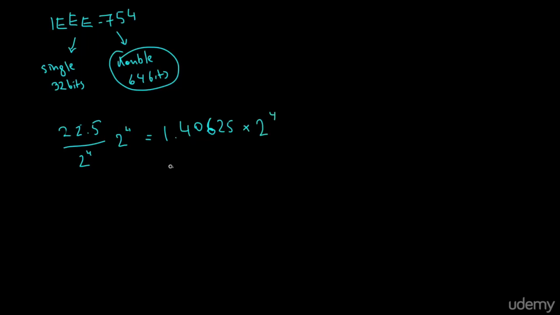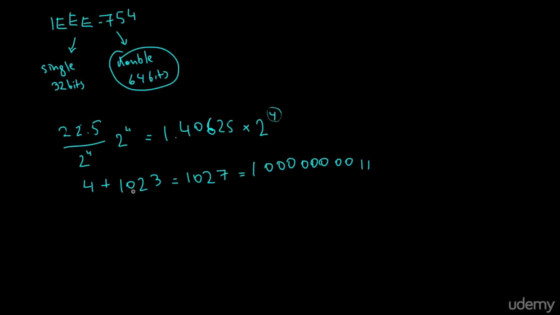Okay, so in double precision, we'll take care of the exponent first. The exponent is 4, but let's not forget about the bias. So 4 plus the bias is equal to 1027. And 1027 is going to be stored as 1, lots of zeros, and then 1, 1. So this is our calculation for the exponent.